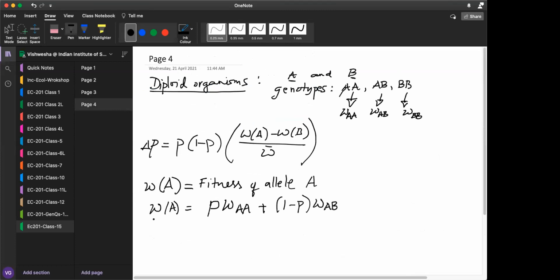Likewise, omega B is the fitness of allele B, and 1 minus P is the probability that an allele B will meet with allele B, and they will reproduce with this fitness. And then allele B can also meet allele A with probability P, and will reproduce with fitness omega AB. Is that fine with everyone?